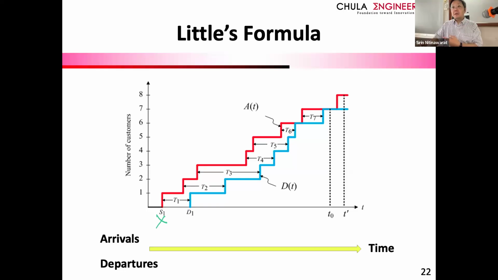So at this time, the system looks like this. First customer arrived, queue is empty, the server is here. When the first customer arrived, he or she went to be serviced immediately.